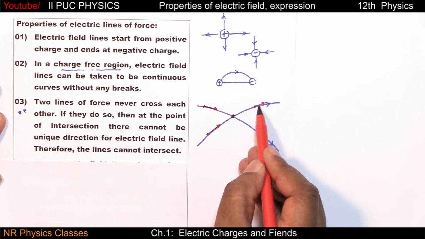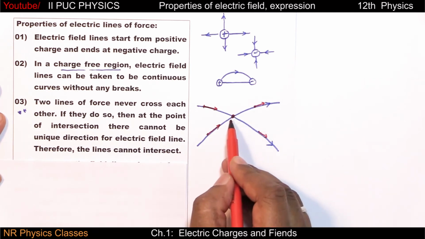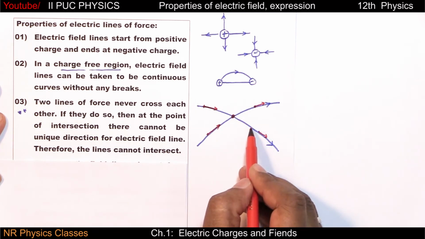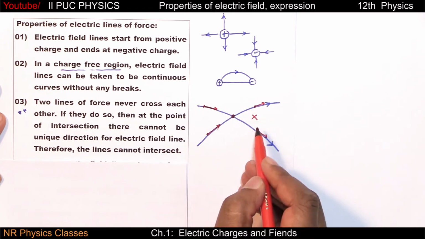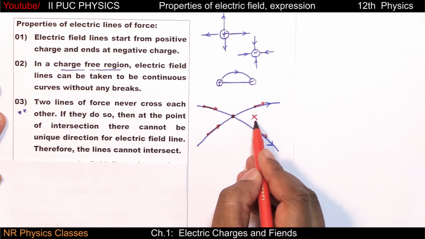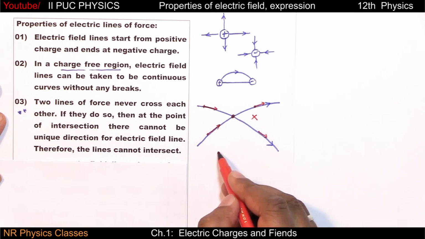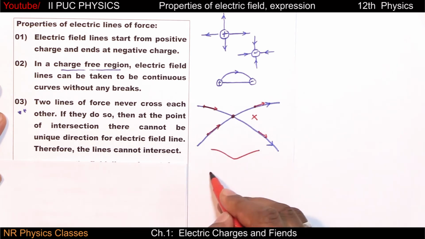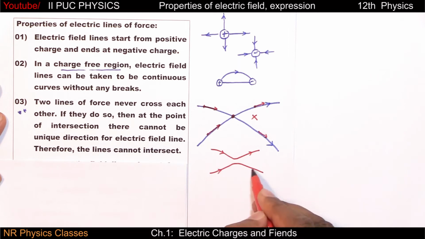Is it in this direction or in this direction? Since the test charge cannot have two different directions at the same time, this type we should not draw. Please understand, we should not draw electric field lines which are intersecting. It could be something like this, and we should not show this intersection.